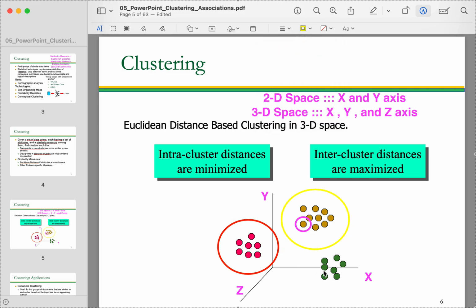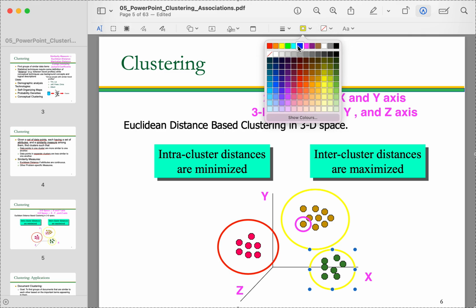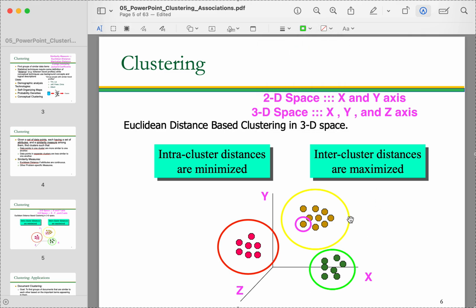And the green ones, cluster 3. The idea is the items within the same cluster are close to each other.